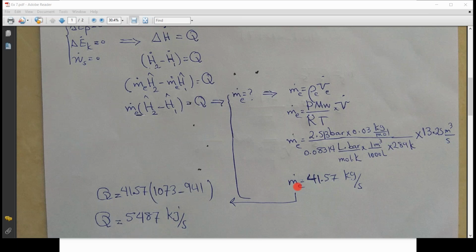But because it is just physical changes of the heat in the boiler, ethane enters and ethane exits. So the mass is constant for the ethane. As long as we have the mass of ethane and the specific enthalpy of outlet and inlet, we can just substitute and calculate the Q for heat.